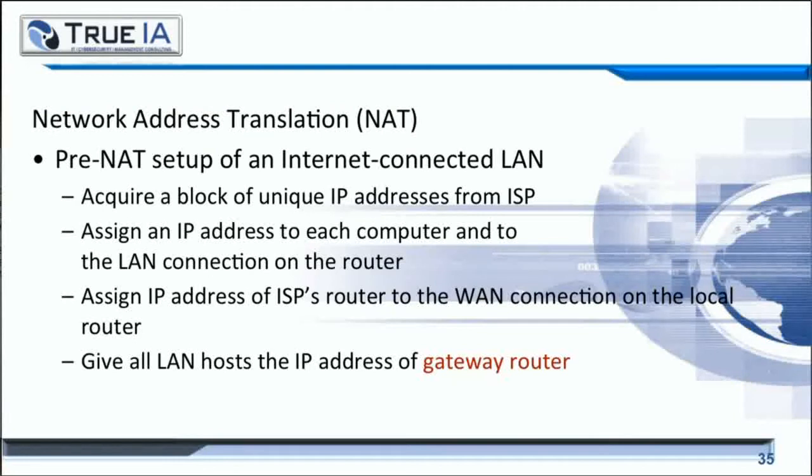Before NATing, you would acquire a block of unique IP addresses from your ISP, and then you would assign those IP addresses to each computer and to the LAN connection on the router. Next, you would need to assign the IP addresses of the ISP's router to the WAN connection on your local router. Then give all the LAN hosts the IP address of that gateway router.